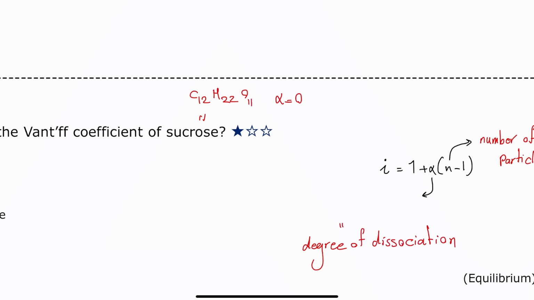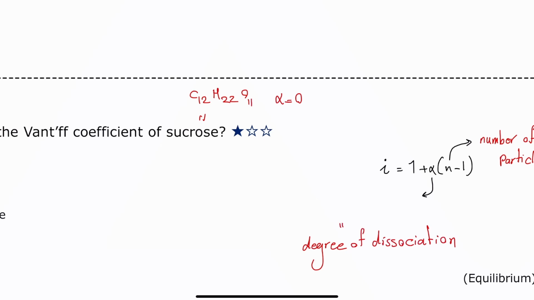Therefore, they would not make any ions, and the degree of dissociation would be zero, because sucrose, the same as glucose, dissolves in water in a molecular form. They won't make any ions. They would just make, for example, hydrogen bonding.